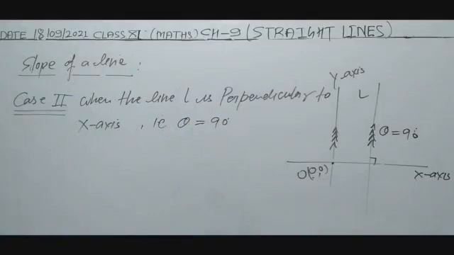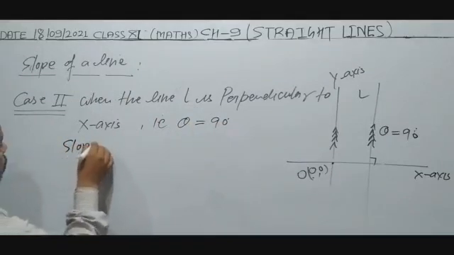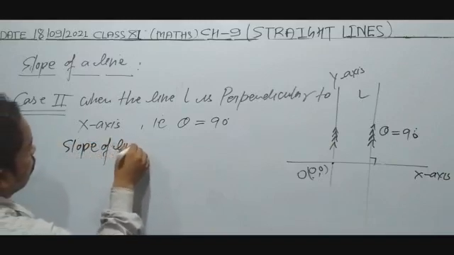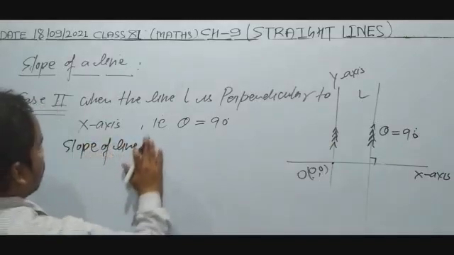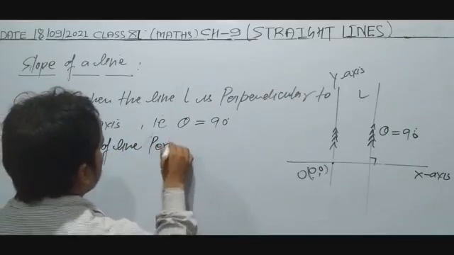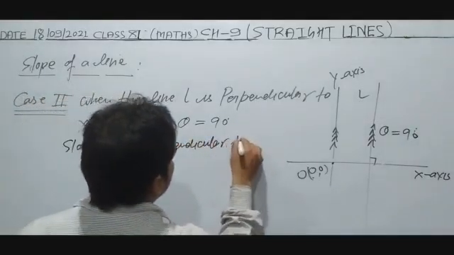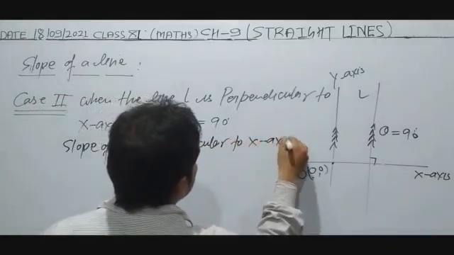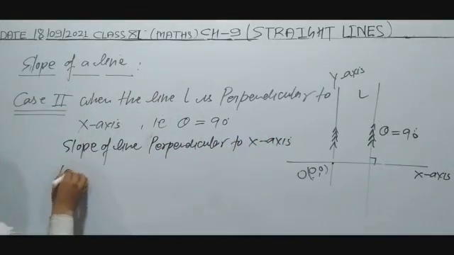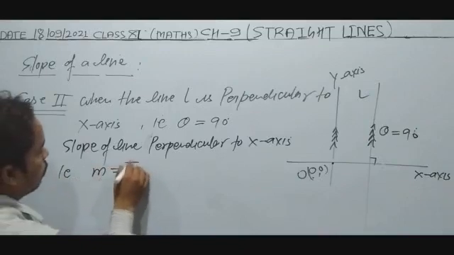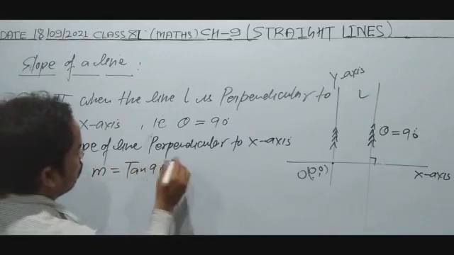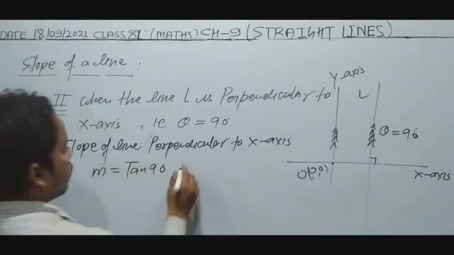Now the slope of a line perpendicular to x-axis, that is m is equal to tan of 90.